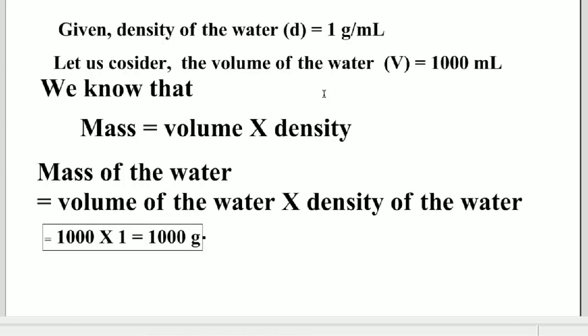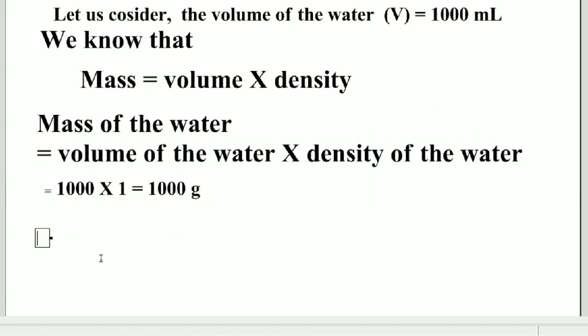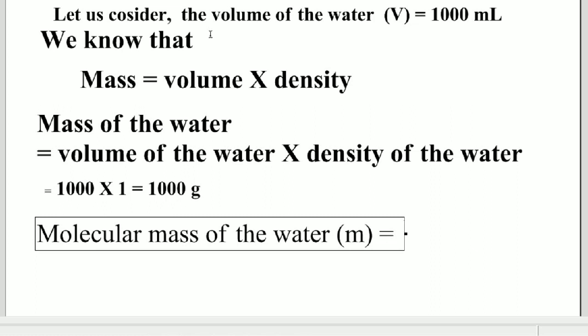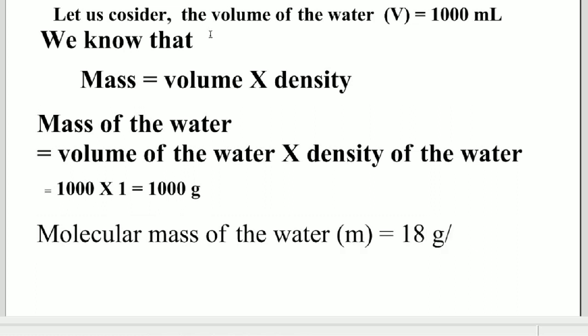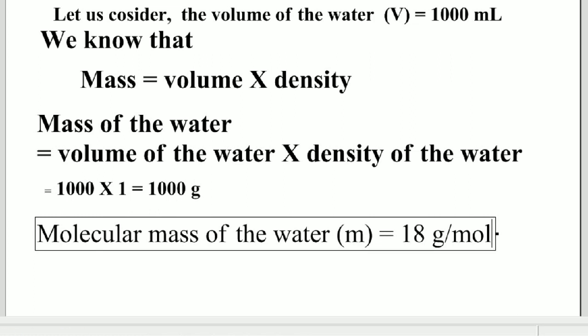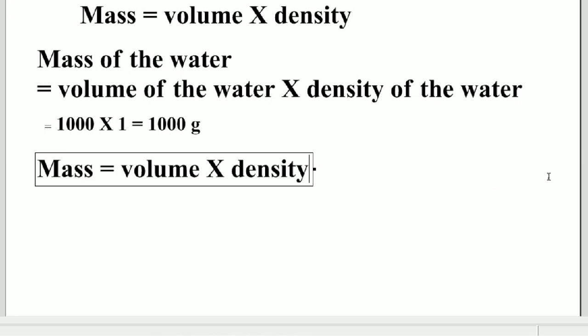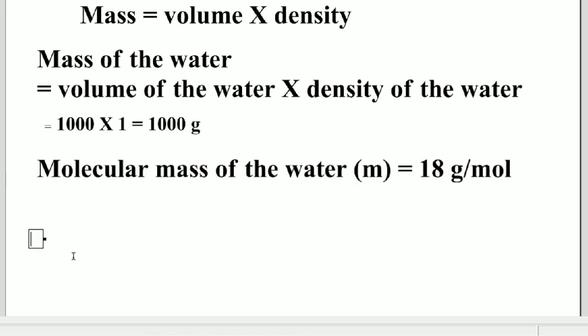So students, we know the mass of the water, and also we know the molecular weight of the water. The formula for water is H2O, therefore the molecular mass of the water is 18 grams per mole. Now we know both weight and molecular weight of the water.